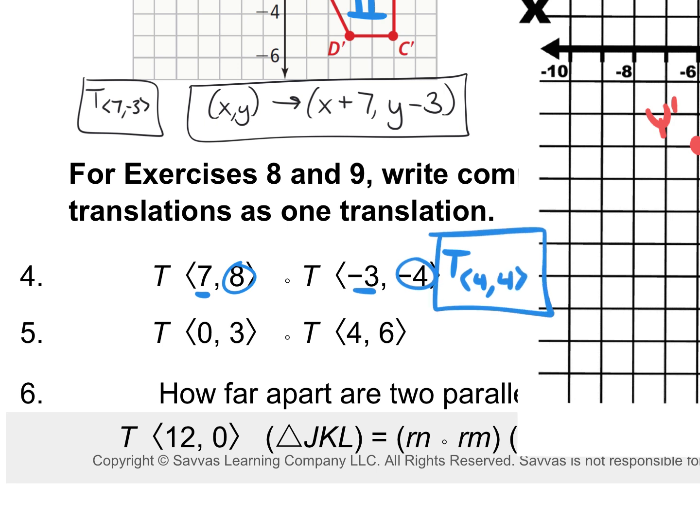So that gives me my new 1 translation. What about the bottom one there? Number 9. What do we get? Yes, we add these together. 0 plus 4 is 4. What do I get for the Y value? Yes, because we add 3 and 6 to get 9.